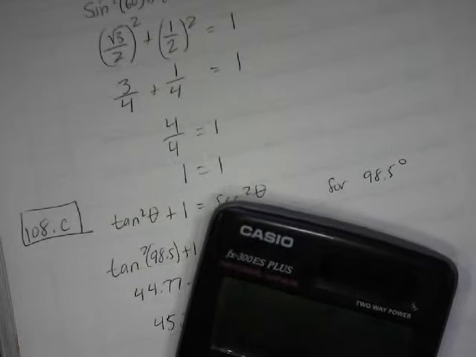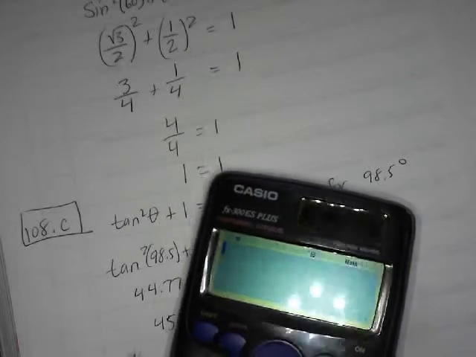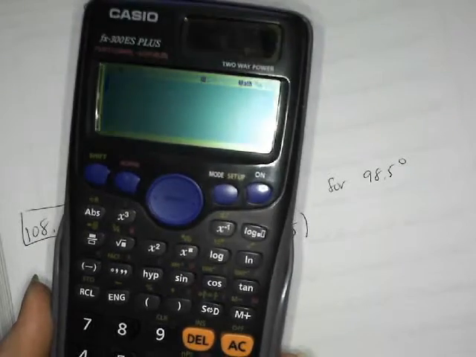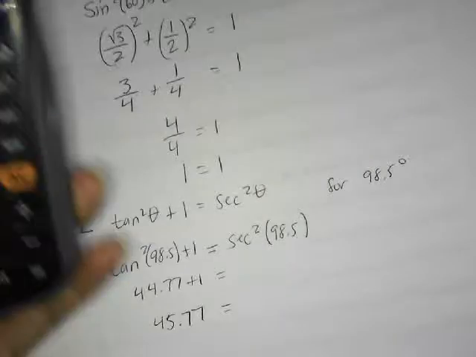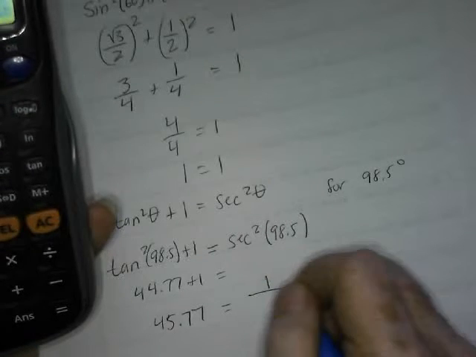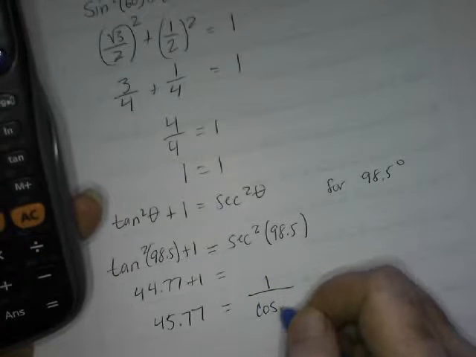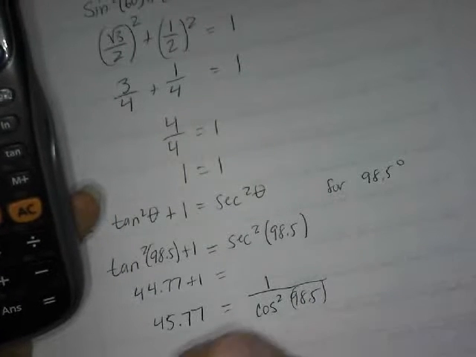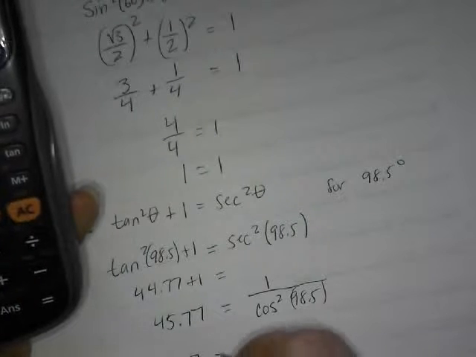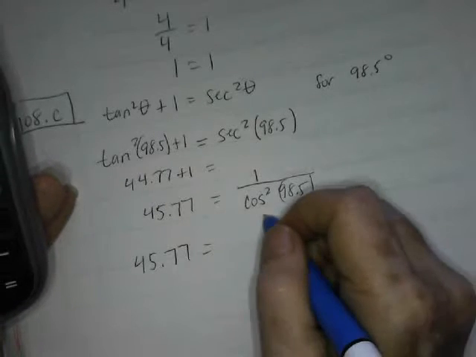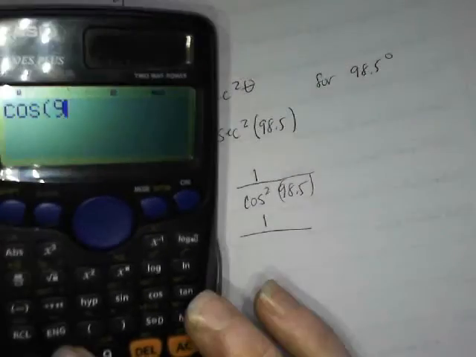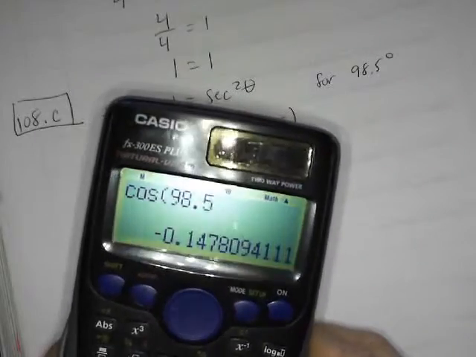Now let's see what happens with secant. How are we going to get secant? I don't really have a secant button. Secant is the reciprocal of cosine. So I'm going to write that as 1 over cosine squared of 98.5. So cosine of 98.5 is that number.